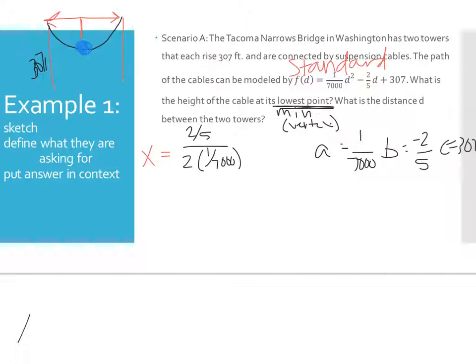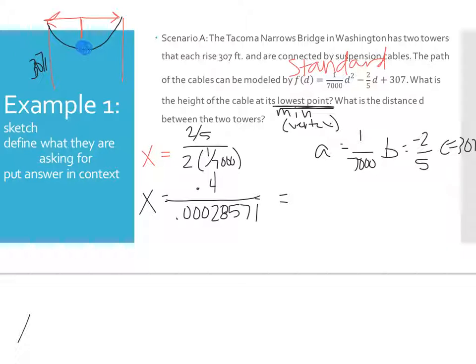Because there are fractions within fractions, the best way to do this is to write both of these as decimals. So the bottom is 0.000285571, and the top is just 0.4.